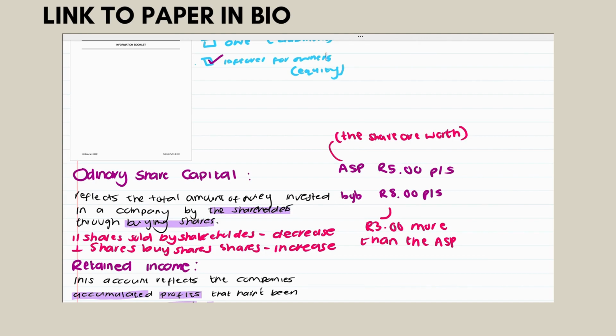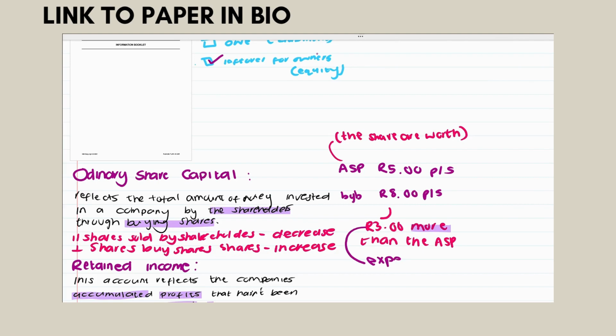Because it's more than the average share price, it means the business is technically using more money to get these shares back, when at this point the average share price is 5 Rand. This 3 Rand then becomes our expense.